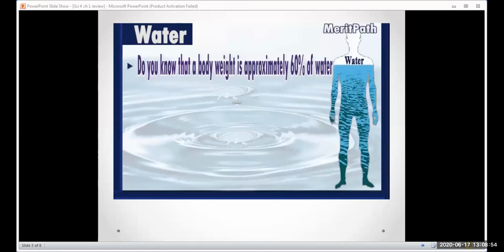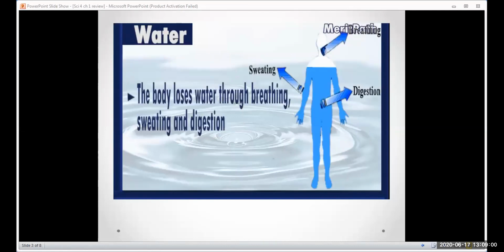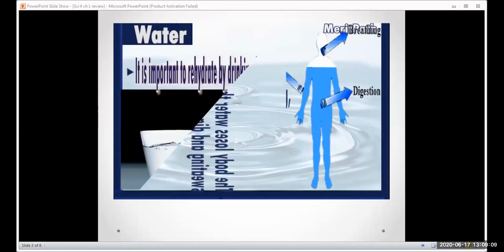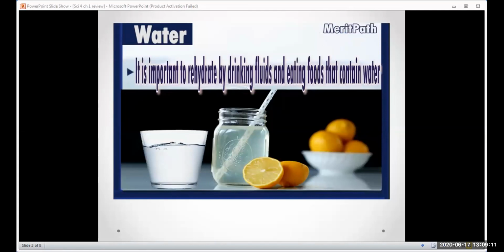Do you know that a body weight is approximately 60% water? The body loses water through breathing, sweating, and digestion. It is important to rehydrate by drinking fluids and eating foods that contain water.